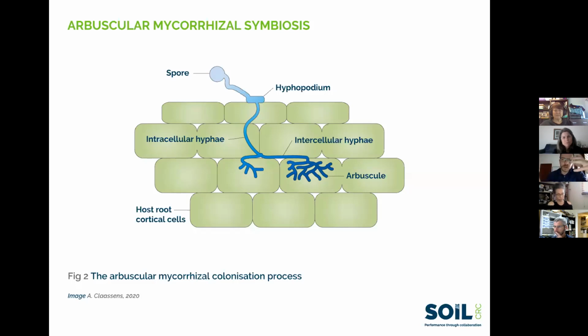There's a lot of crosstalk and biochemical signaling between the symbionts. The fungus is permitted entry into the root and makes its way through the root cortex and into the plant cells of the root itself. And they form in those cells highly branched structures with an enormous surface area. And it's across that interface that all this bidirectional nutrient exchange occurs. So the plant obtains mineral nutrients from the soil, and the fungus obtains photosynthates in the form of carbohydrates and lipids.